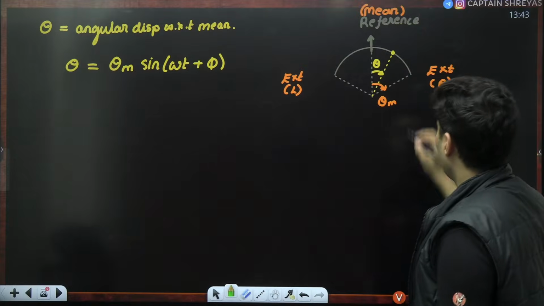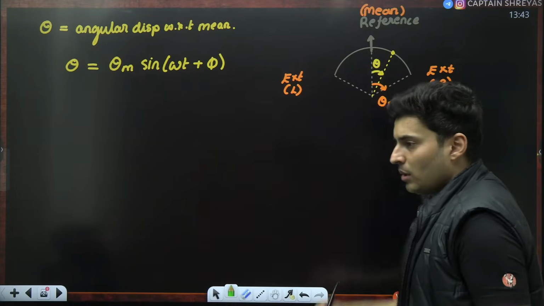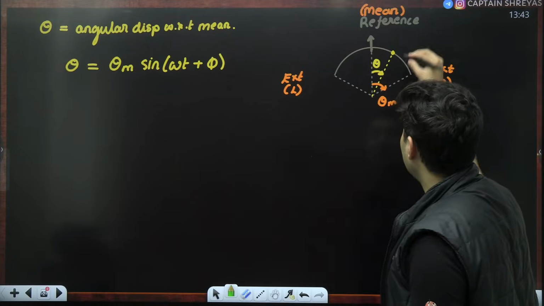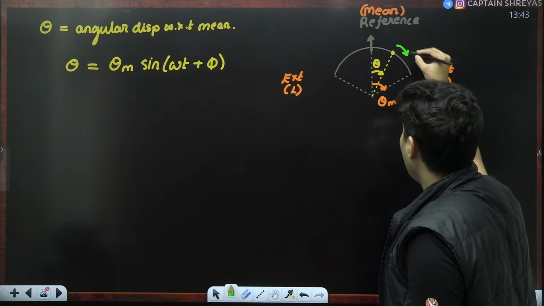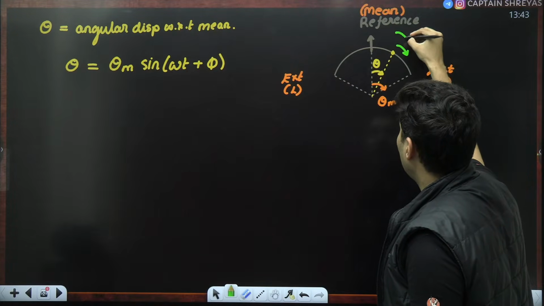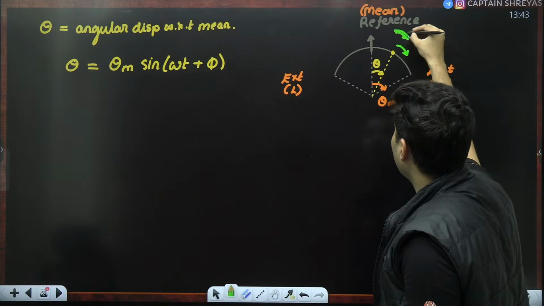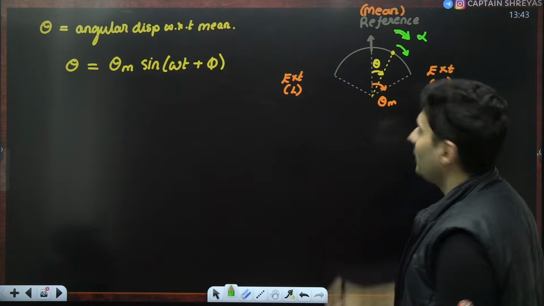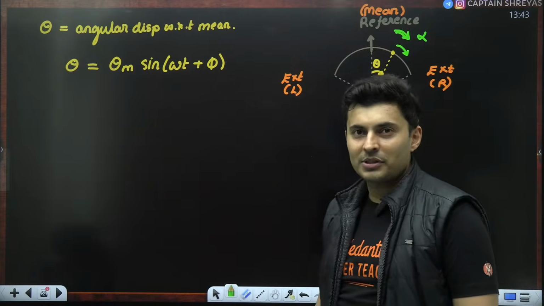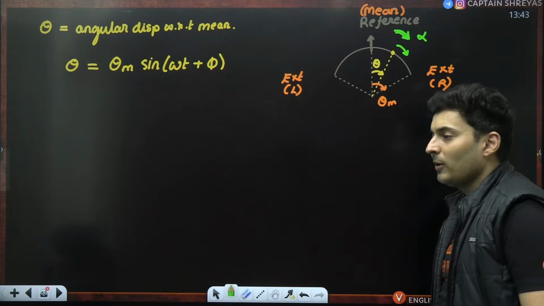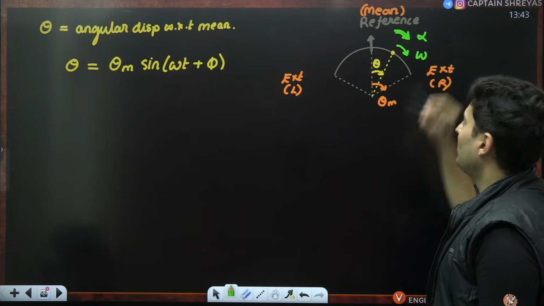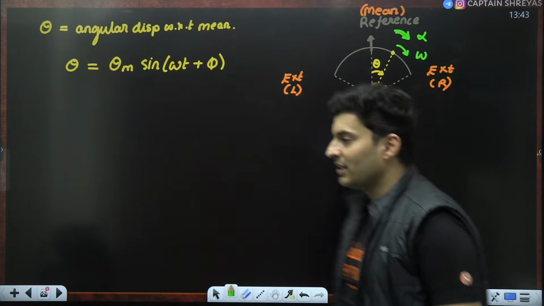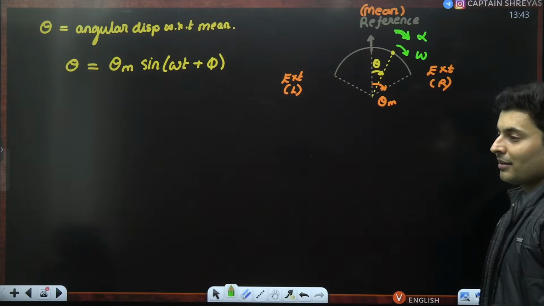Then what about the velocity? Now we are not going to talk about any random velocity. It is angular velocity. So you will have angular velocity, and not just that, you will also have angular acceleration. The symbol for angular acceleration is alpha. Remember, circular motion: the symbol for angular velocity is omega. But there is a problem. A lot of students get confused between this omega here and this omega here.